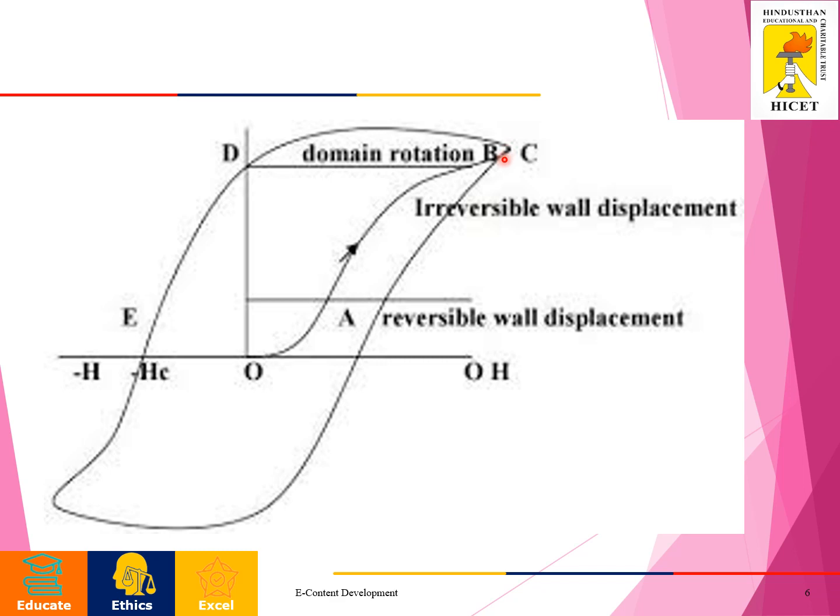Thus, the specimen is said to attain maximum magnetization. At this position, even after removal of the external field, the material possesses magnetism, which is called residual magnetism, or retentivity. It is denoted by OD.